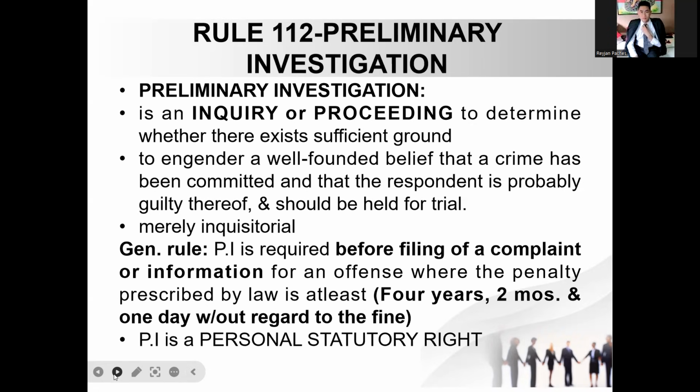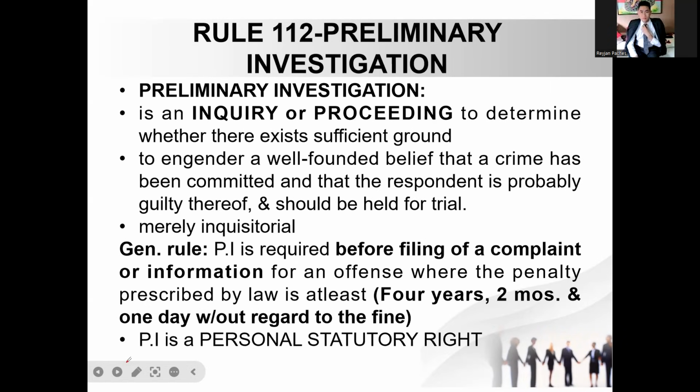So yan yung PI, okay? Personal statutory right yan, okay? 4 years, 2 months, and 1 day. Okay, ang prosecutor again, PI ang kanyang ine-execute.